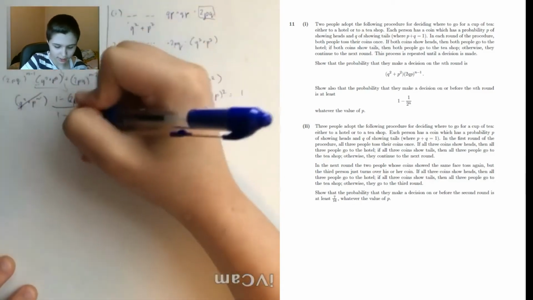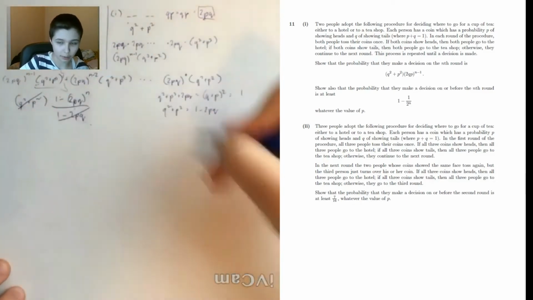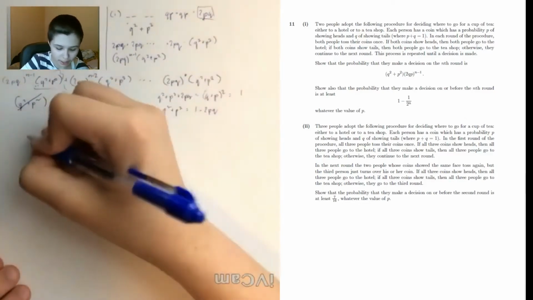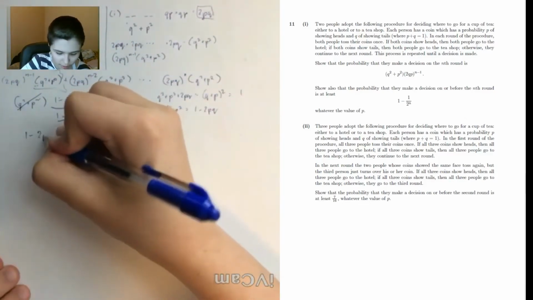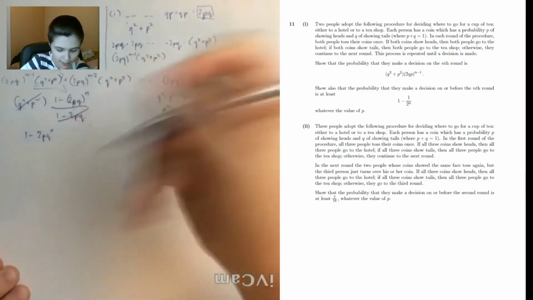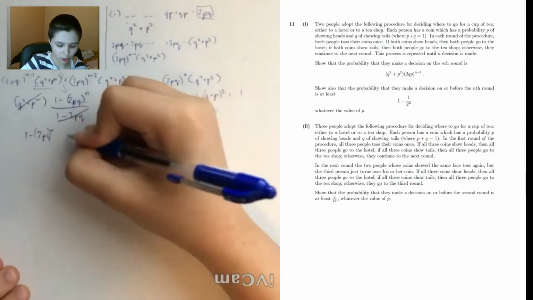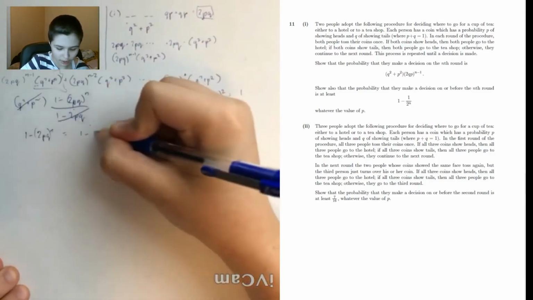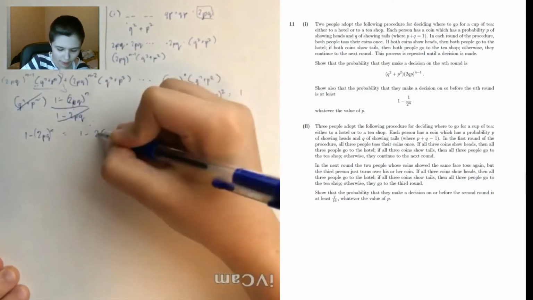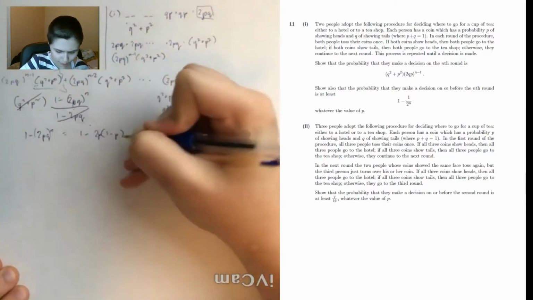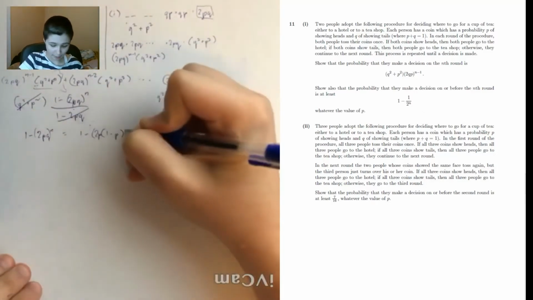And so these two cancel out, and I get that the probability that they make a decision on or before the nth round is 1 minus (2pq) to the n, and rewriting this in only p, we have 1 minus (2 times p times (1 minus p)) all to the n.